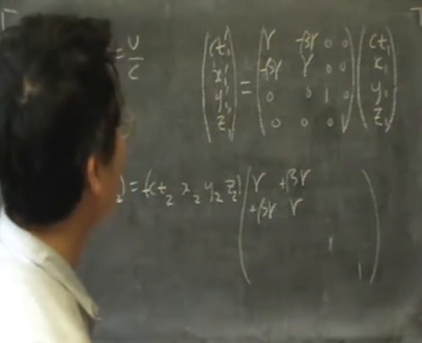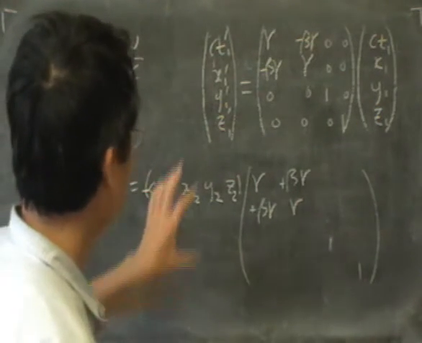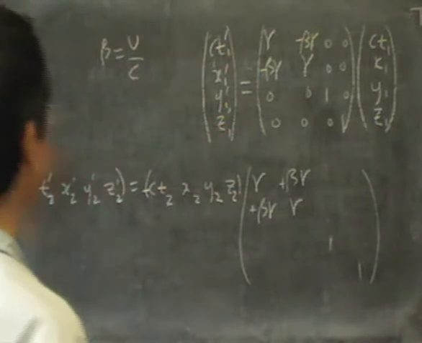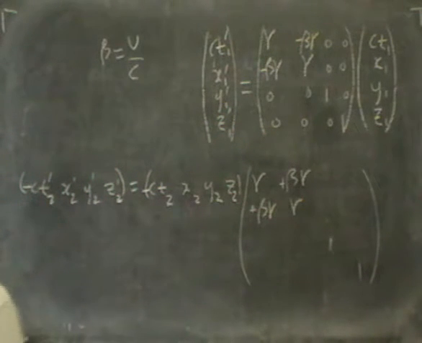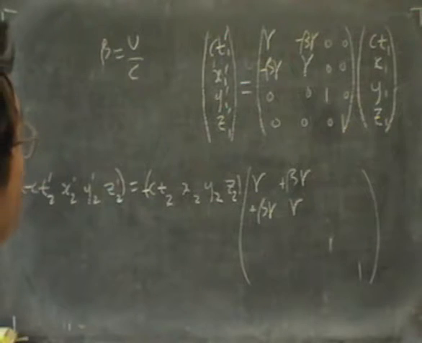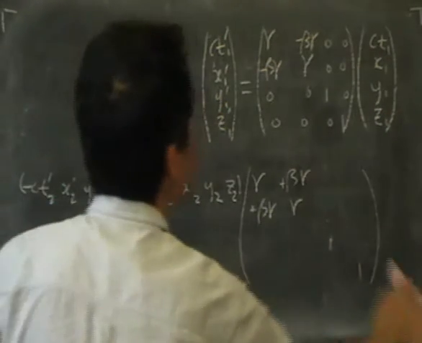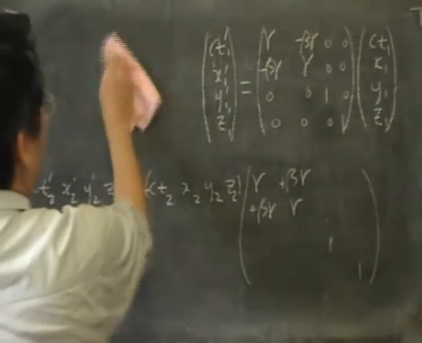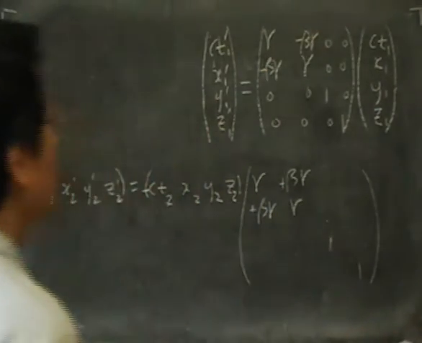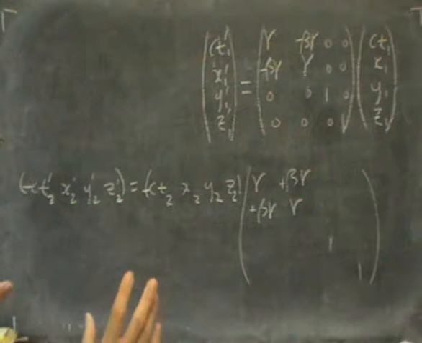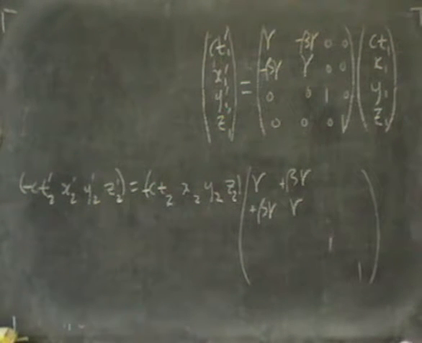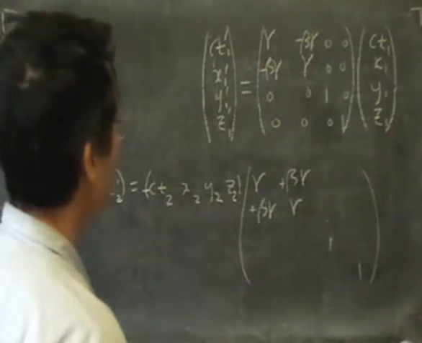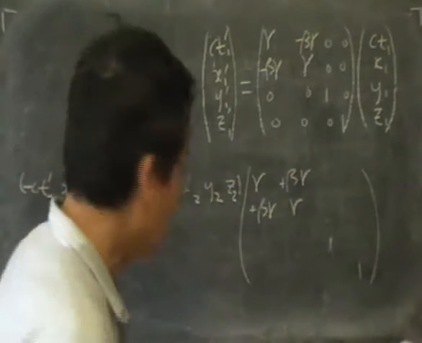So now, let me multiply the two. It will take quite a few minutes if I have to write everything out, but let me just say what I'm going to do.